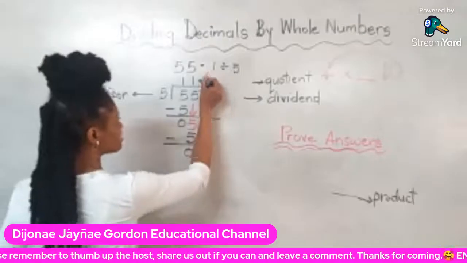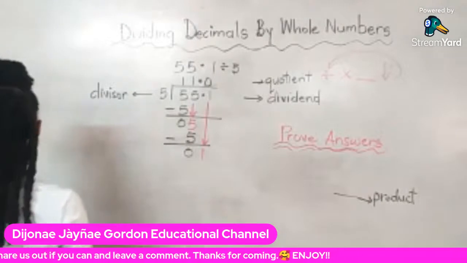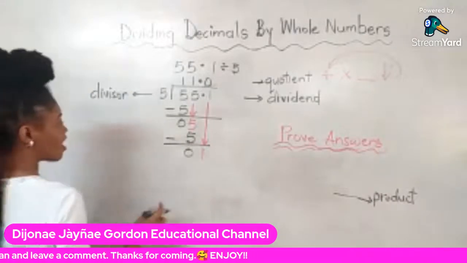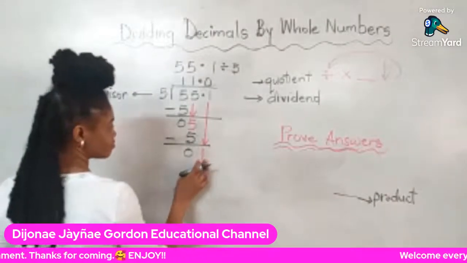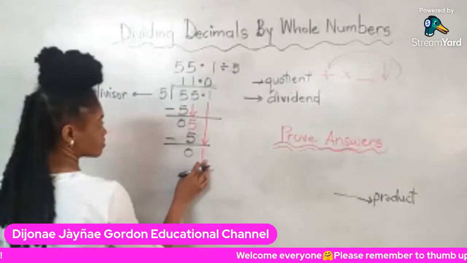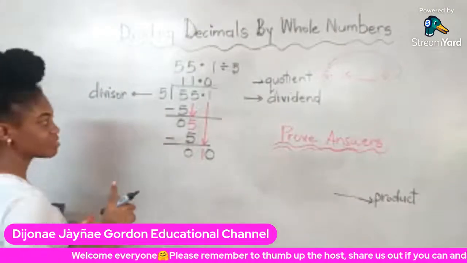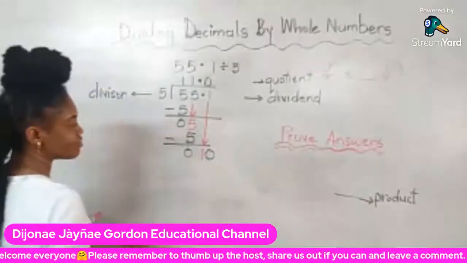So we put a 0 here to say no. The next thing we are going to do is put a 0 right here, because remember we're doing decimal numbers. The aim is to get 0 remainder.